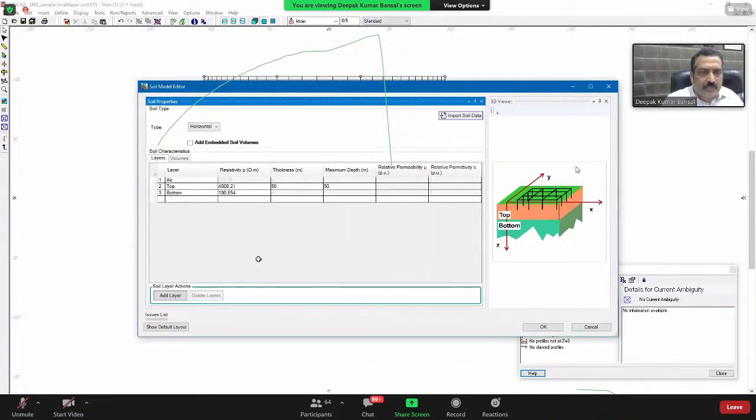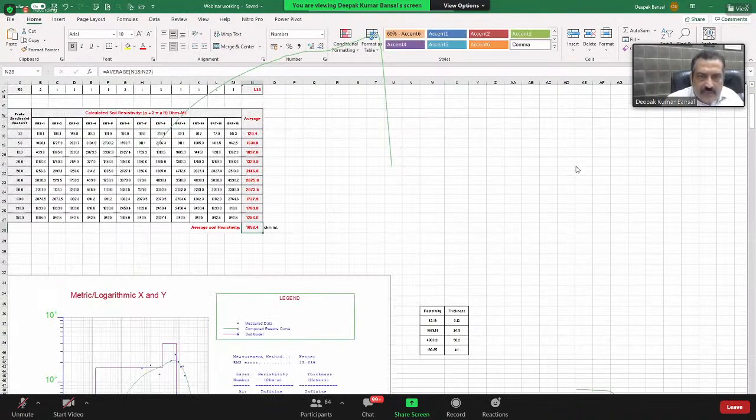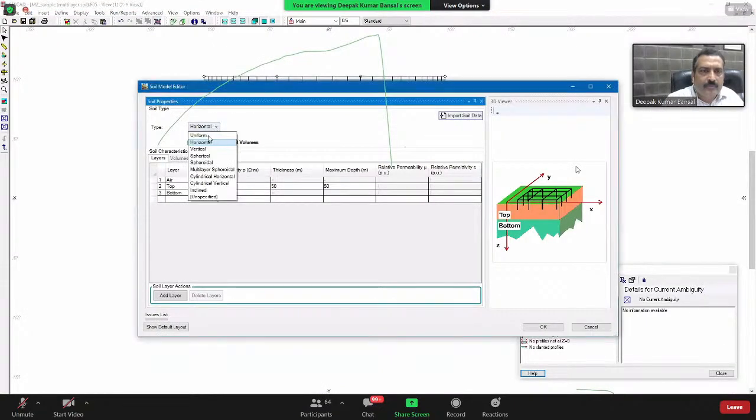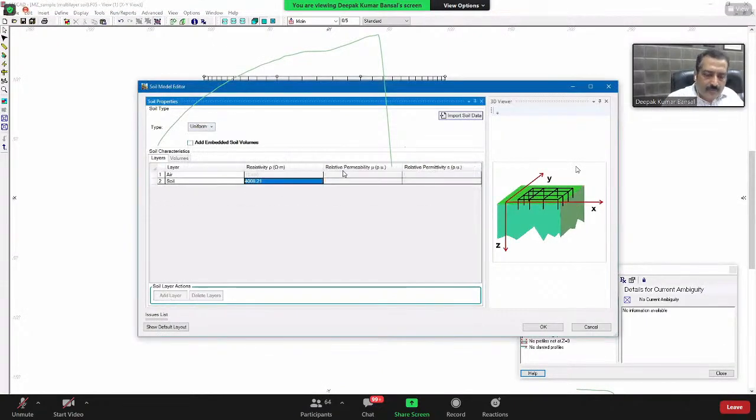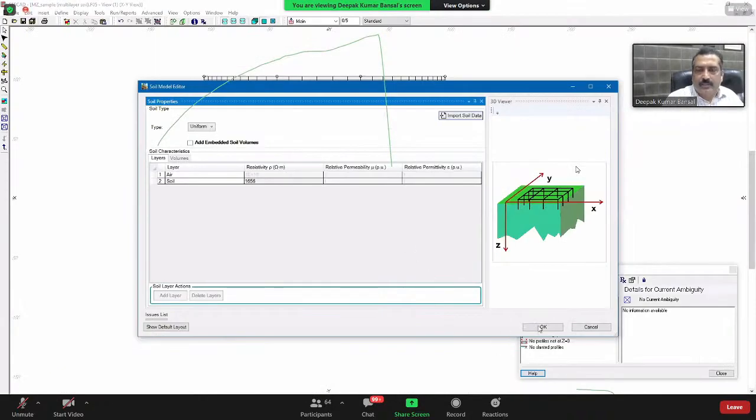As we have seen here, the average soil resistivity is 1656. We will make it uniform, 1656 ohm-meters. Now we have taken uniform soil resistivity in place of horizontal layers.